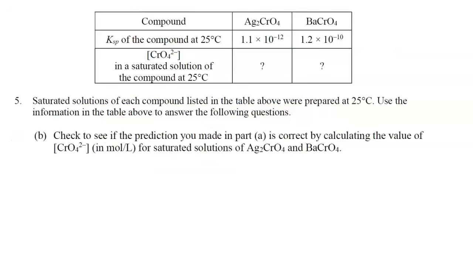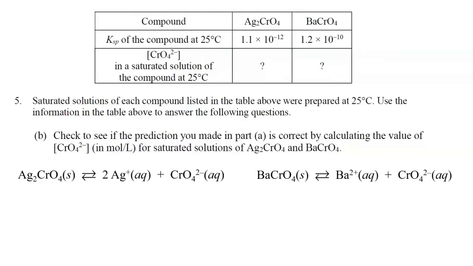But for silver chromate, the ratio of silver to chromate is 2:1. For barium chromate, the ratio of barium to chromate is 1:1. So the math is going to be different, which means we actually cannot assume anything until we pick up our calculator and do the math.